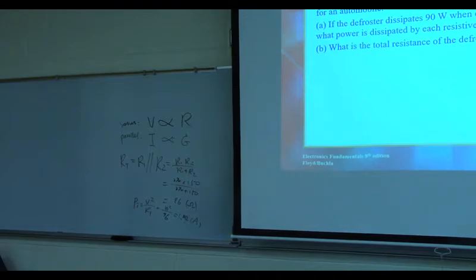Anyone? What is A? 11.25 watts. How did you do that? I divided 90 by 8. Who agrees with this? Yes, okay, it's good. Why did you divide by 8?